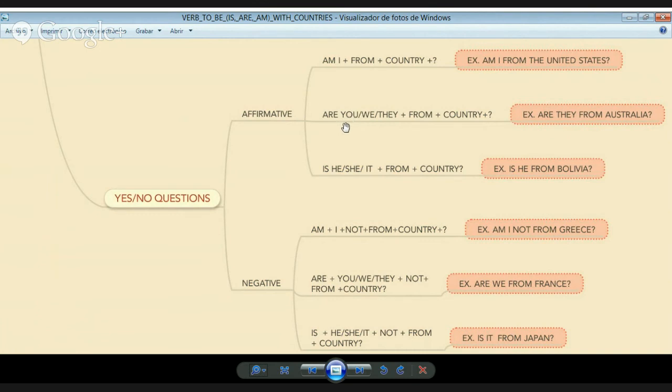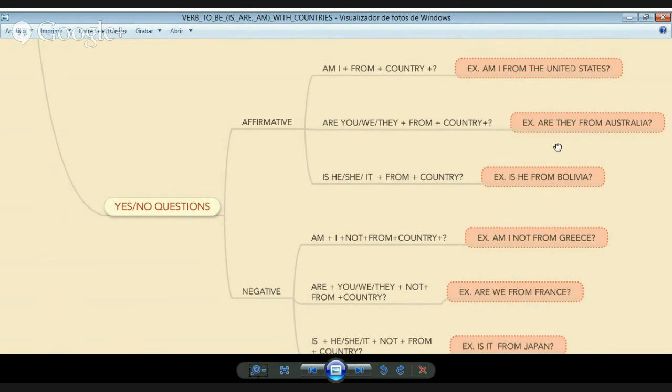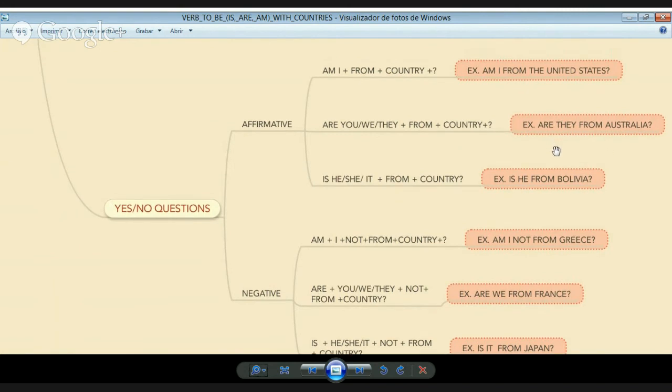For example, are you from plus the country? Are we from plus the country? Are they from plus the country? Okay. So can you see the example? Are they from Australia? Are you from Australia? Are we from Australia?